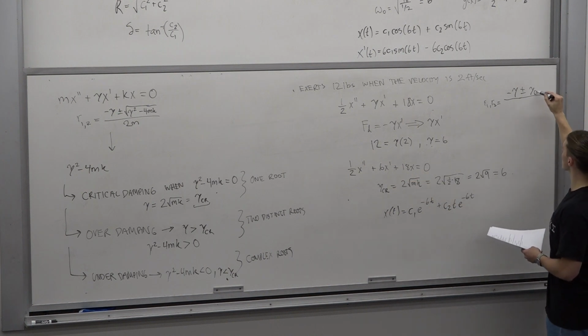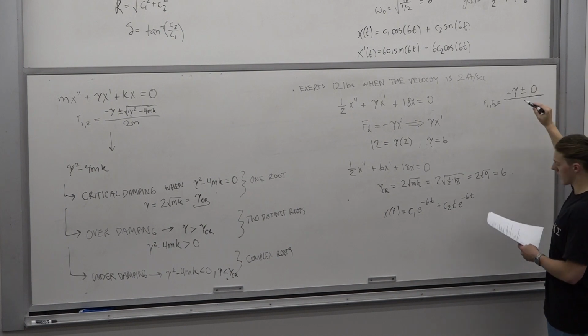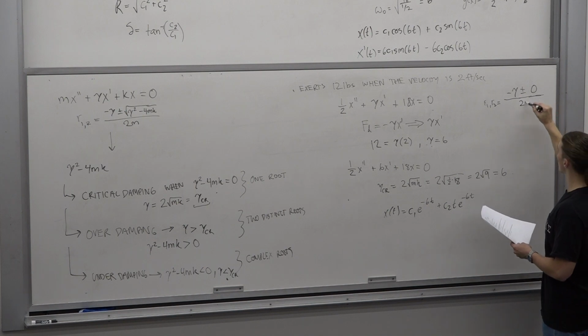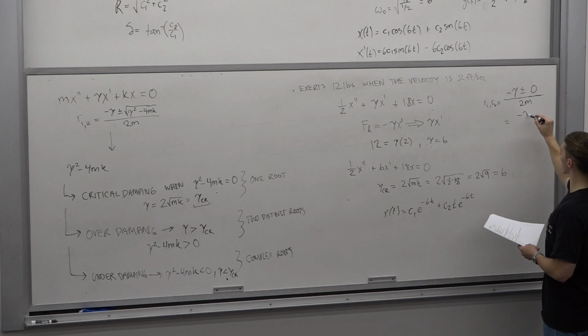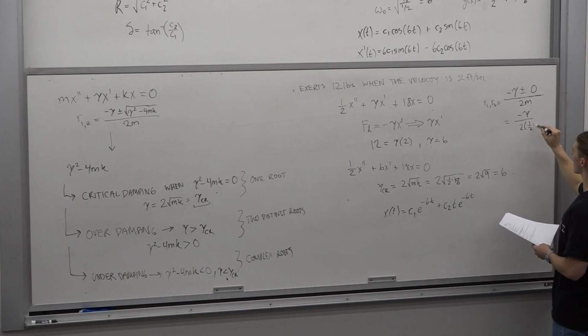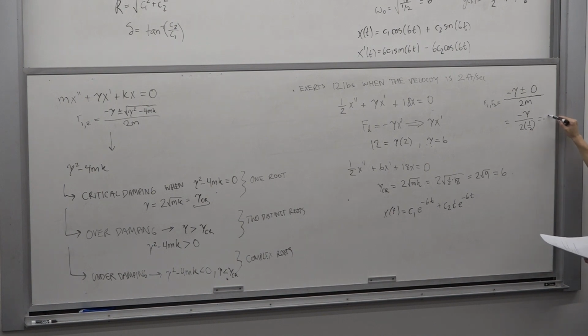In this case, it's just 0, and then that's going to be over 2m. So what we have here is just negative gamma over 2 times 1/2 equals negative gamma. That's our R1, R2.